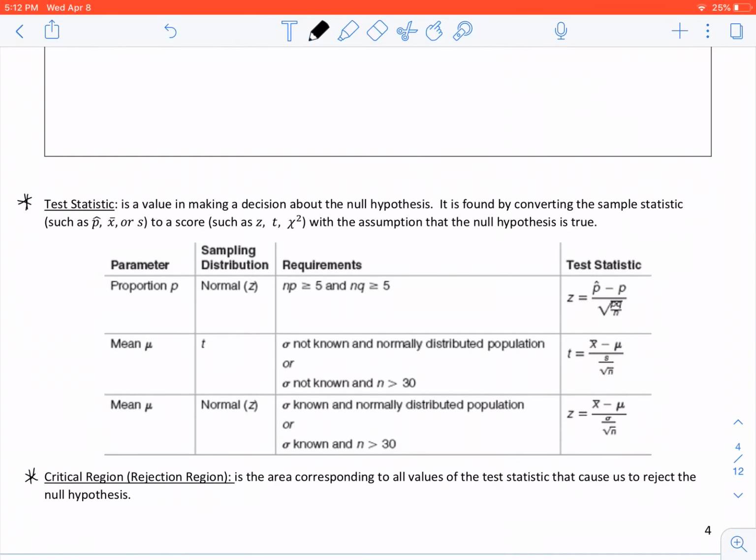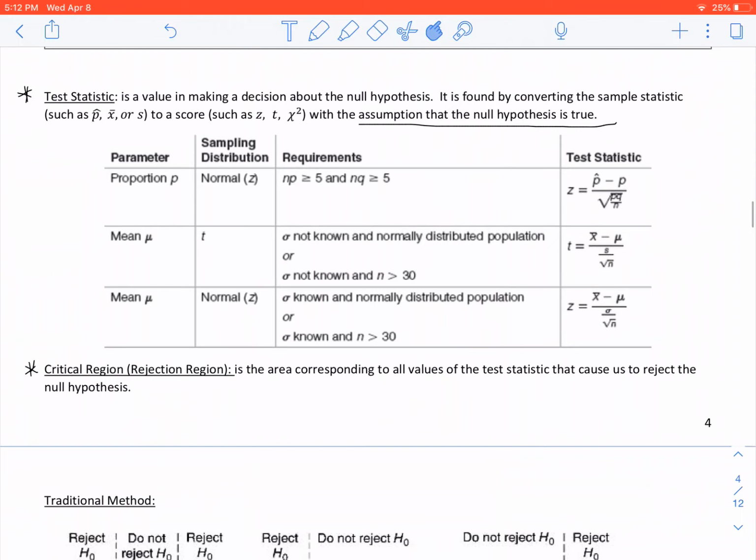And again, we're assuming the null hypothesis is true, and our alternative is what we are testing. You don't need to stress so much about these formulas because we will be using a calculator. At the bottom of the page, it says the critical region or the rejection region is the area corresponding to all values of the test statistic that cause us to reject this null hypothesis.